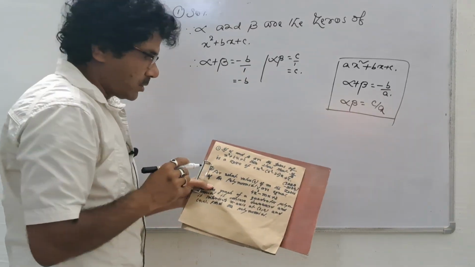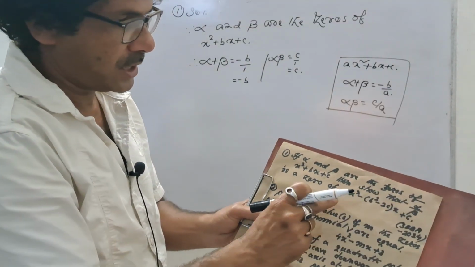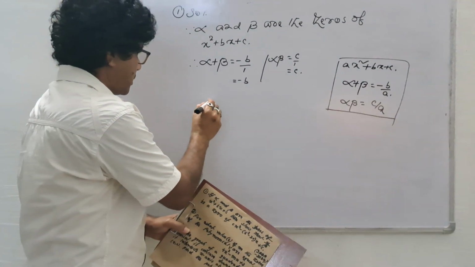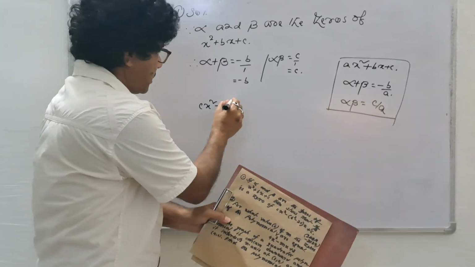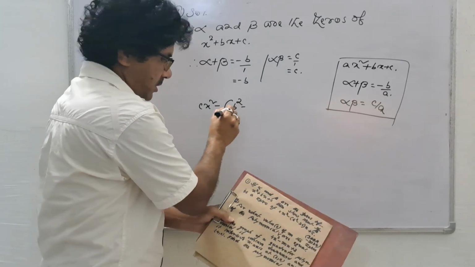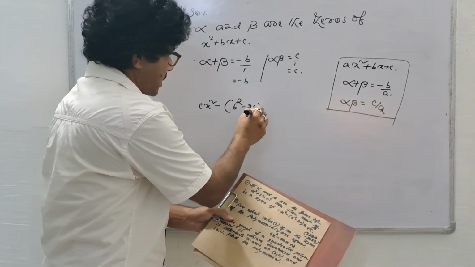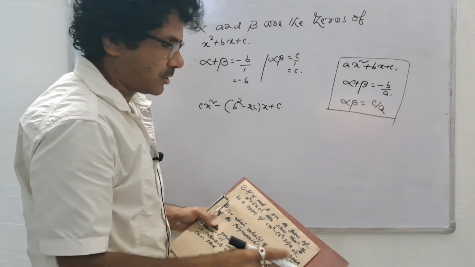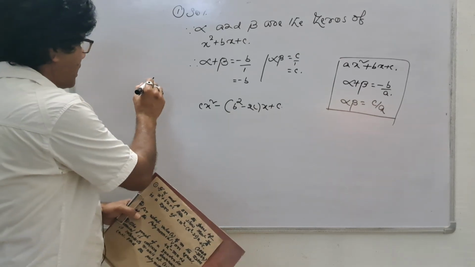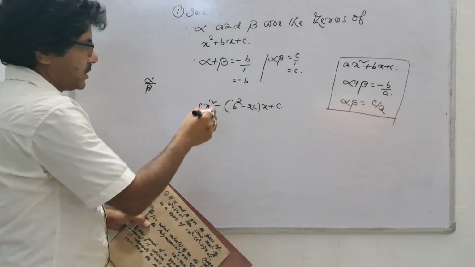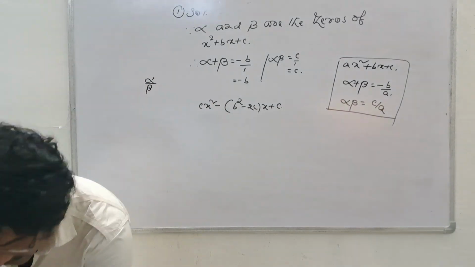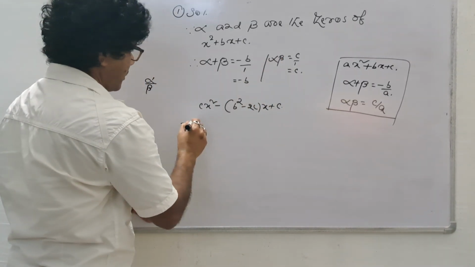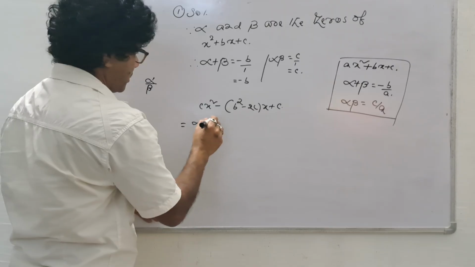Okay, and what do we have to show? We have to prove that alpha by beta is also a zero of cx squared minus (b squared minus 2c)x plus c. So what you will do, you see, c is equal to alpha beta, so you write alpha beta.